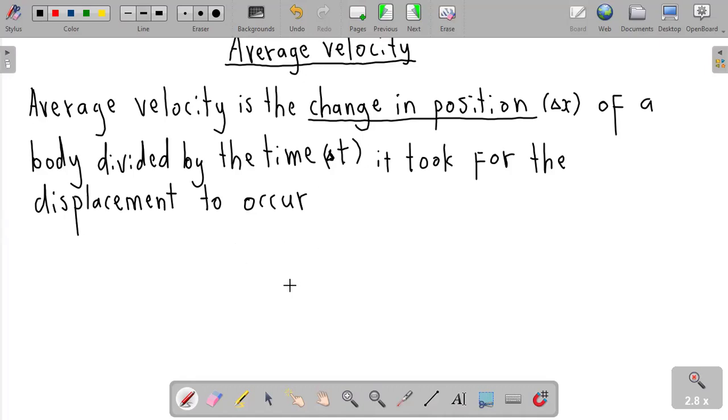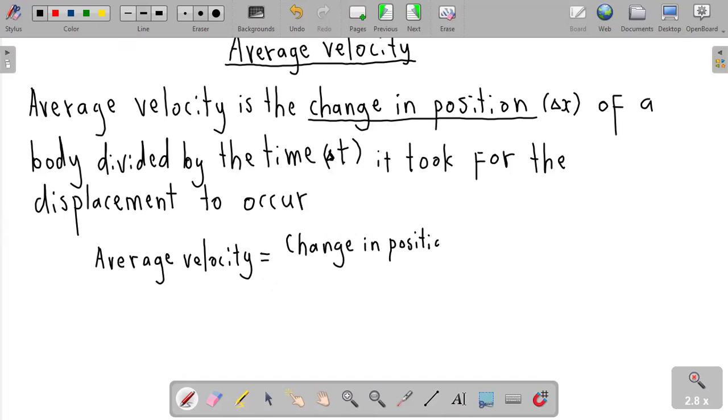Now, in terms of the formula, average velocity is going to be change in position divided by change in time, or you can say the time taken.